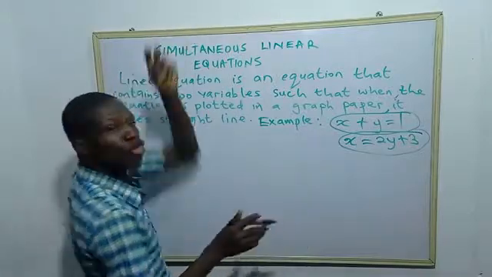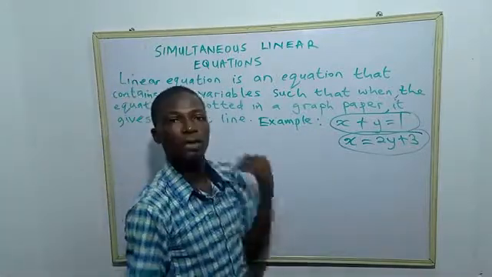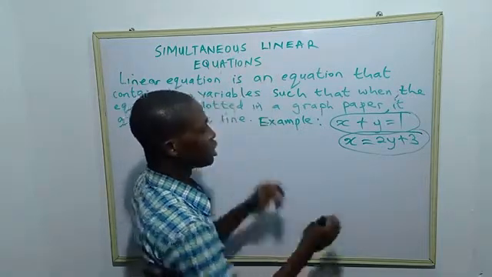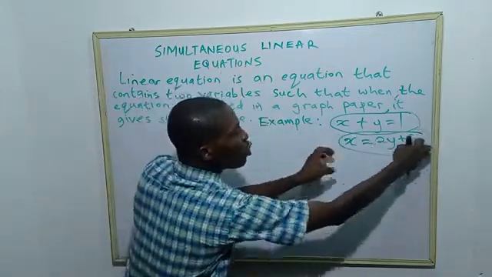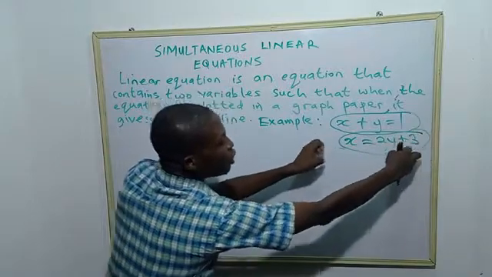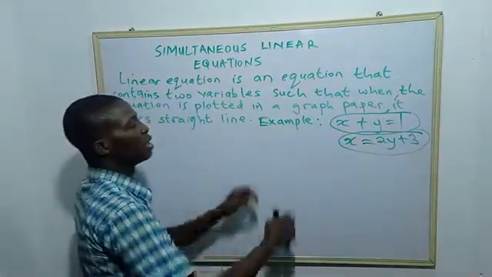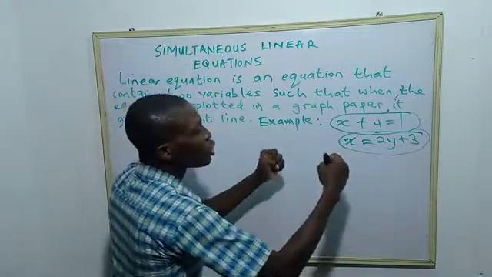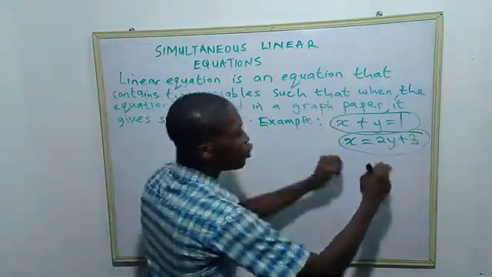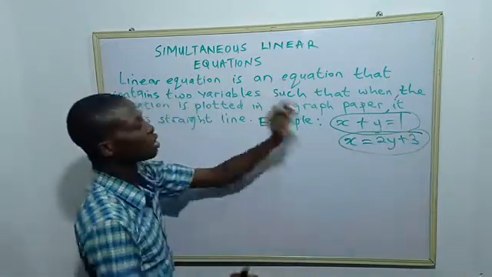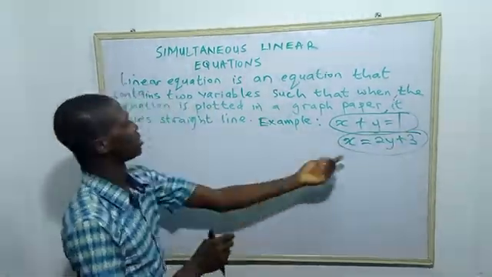Simultaneous means that two are to be solved together. A linear equation is just one of these, up or down. A simultaneous linear equation is when you are solving the two together. I believe this is clear.